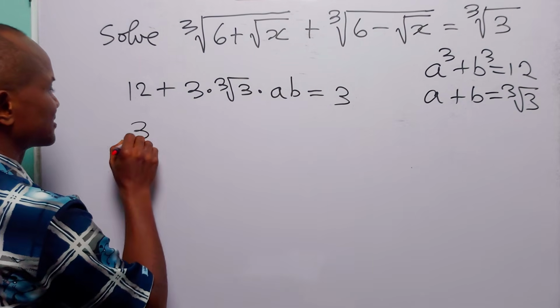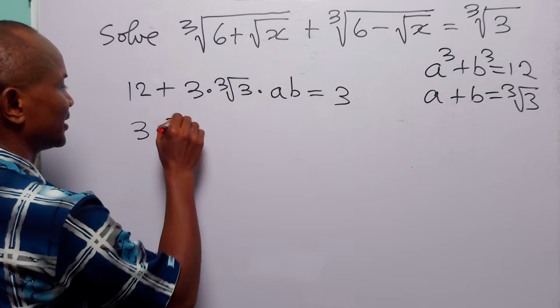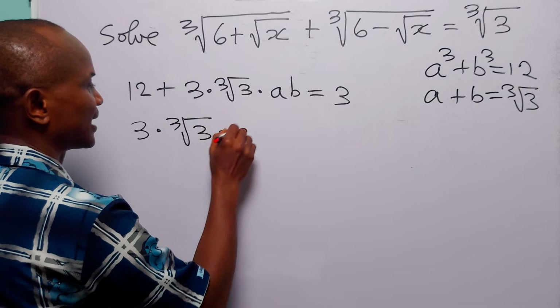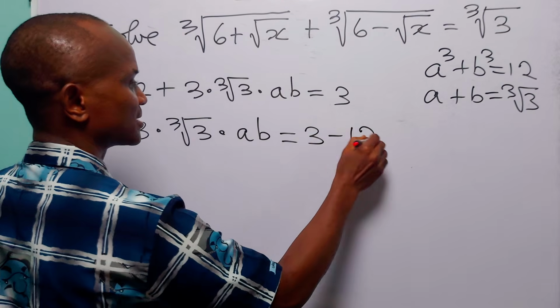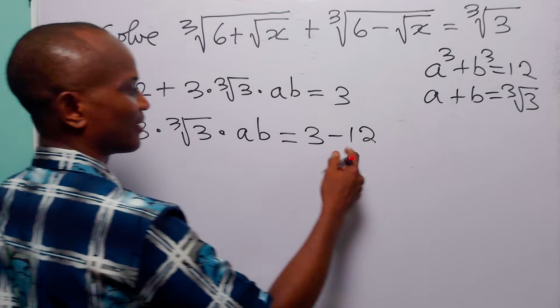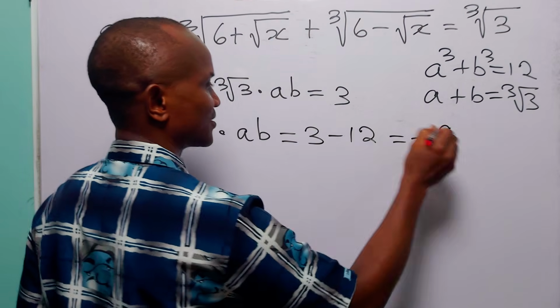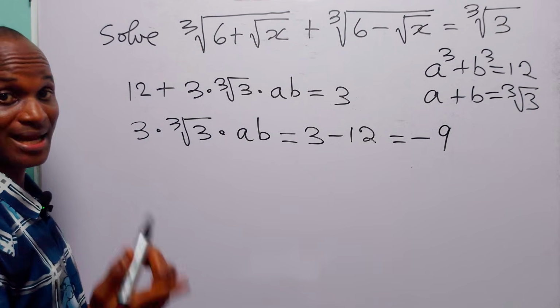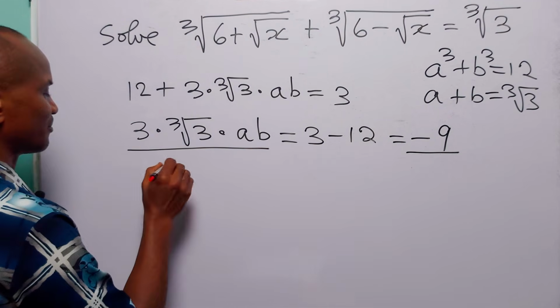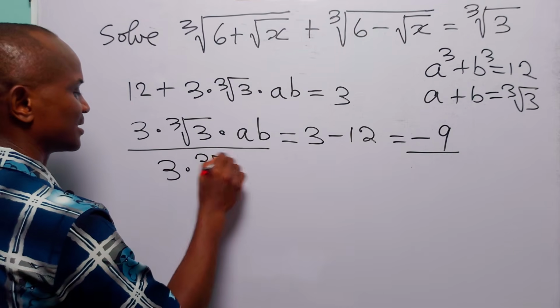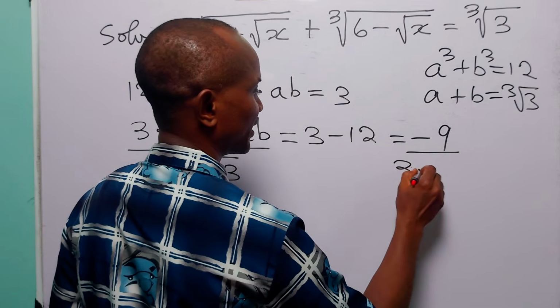When we do that, we have that 3 times the cube root of 3 times ab is equal to 3 minus 12. 3 minus 12 is equal to minus 9. Now, the next thing we are going to do is to divide both sides of this equation by 3 times the cube root of 3.